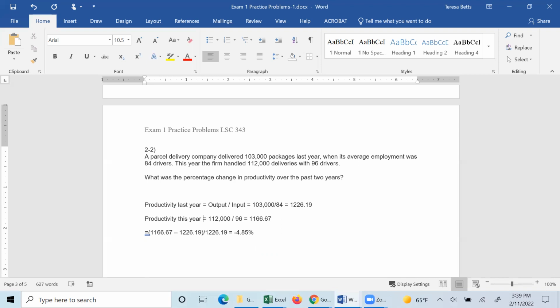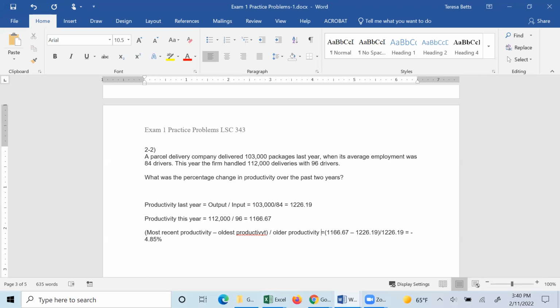To get the percentage change, what we want to do is take the most recent productivity and subtract off the older productivity and divide it by the older productivity. And we do that because, think about it this way. If this year's productivity is 200 and last year's productivity is 100, that means I'm going to have a positive 100 change.